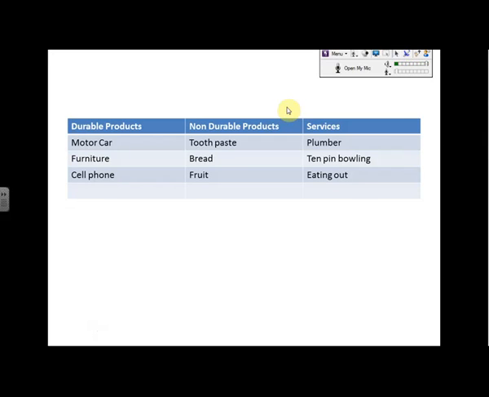When we look at services, we are looking at a plumber, 10-pin bowling, eating out. There you receive a service. Hence, from being durable, you are looking at a situation where this is most tangible to the least end.